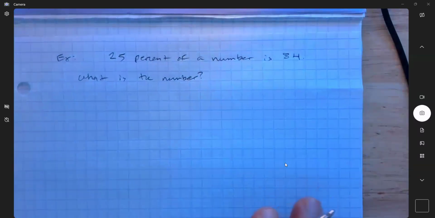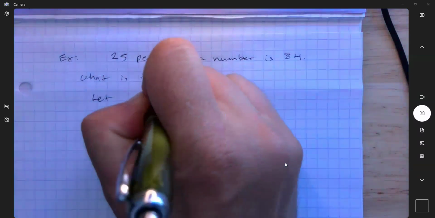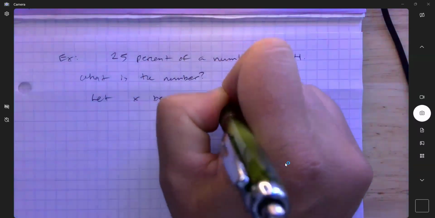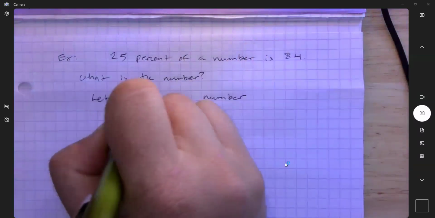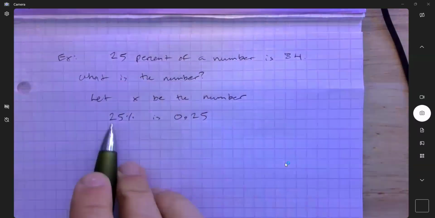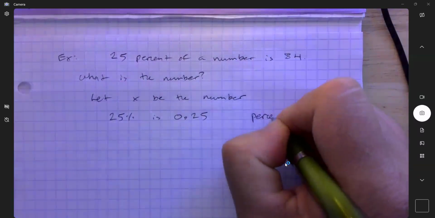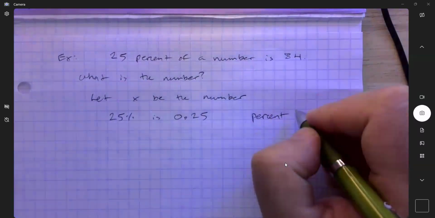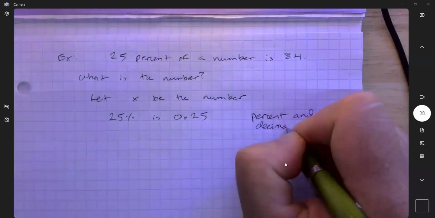Okay, so how I would do this, I would say let X be the number. And so 25% is 0.25. If you want to review your percents, you can search YouTube or something else for percent and decimal review.